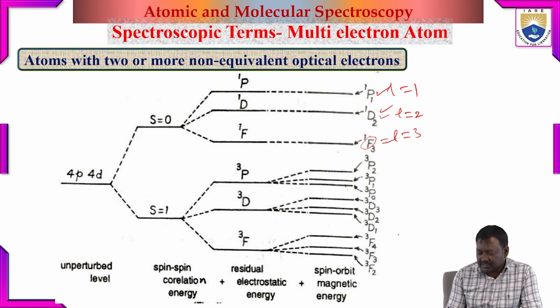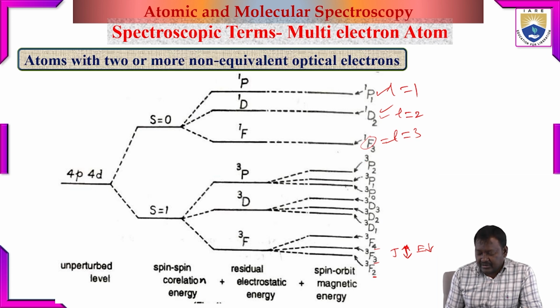If the J value is less, energy is less. As the J value increases, energy values increase. So like that, all the terms are indicated in this diagram.